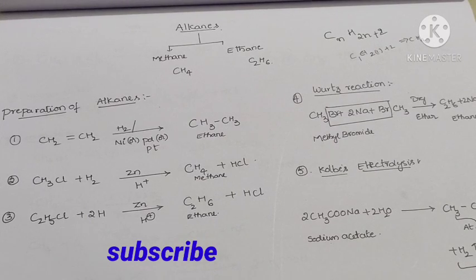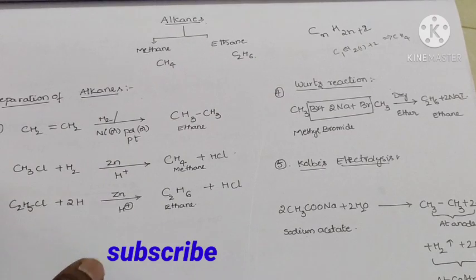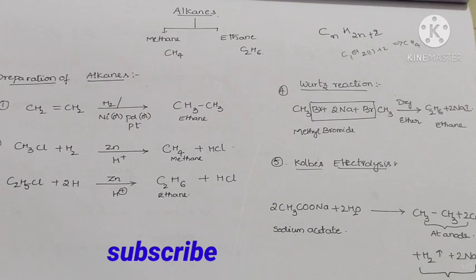And the next preparation for alkanes is the Wurtz reaction. In the Wurtz reaction, the preparation of ethane is by taking CH3Br, methyl bromide, two times and adding sodium metal in the presence of dry ether. CH3Br plus 2Na plus CH3Br.